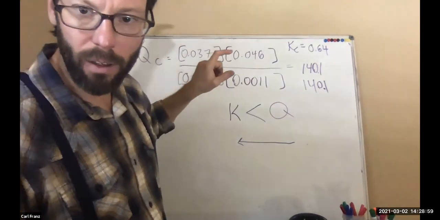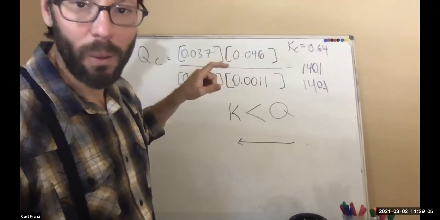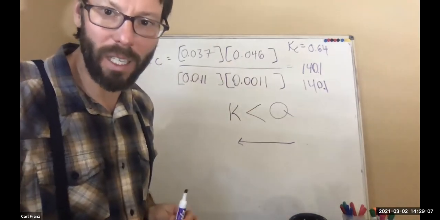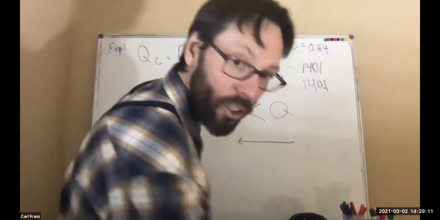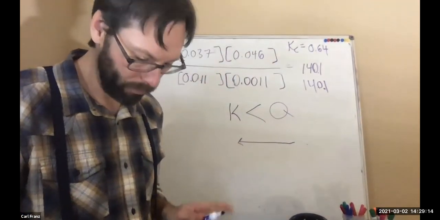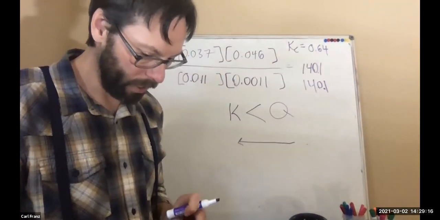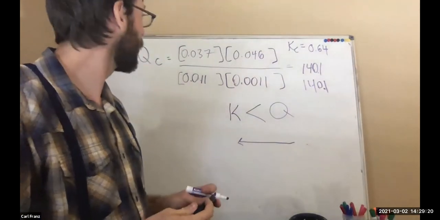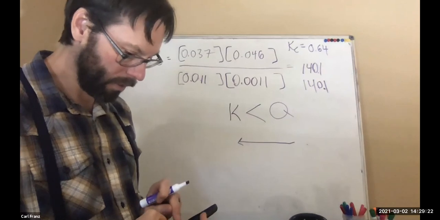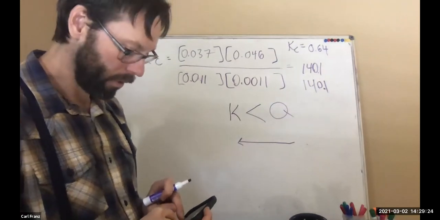Oh, I got another. In that case, it's 140. Or 14. It's a toss up here, guys. I'm seeing some comments come in. Should I be the tiebreaker? Okay. Let's see. 0.037 times 0.046.